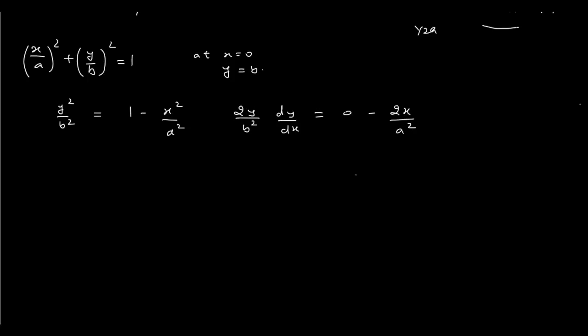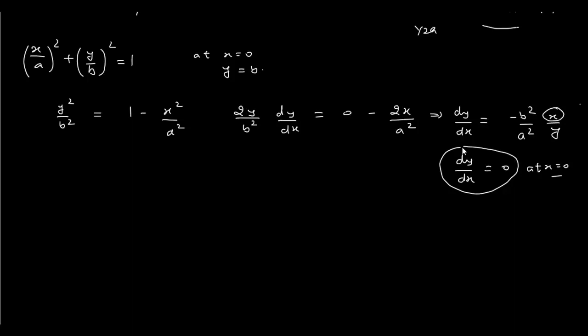Now from here, dy by dx, that we need in the numerator for the radius of curvature, is equal to minus b square by a square times x by y. Now if I take x equal to 0, I will get dy by dx equal to 0.